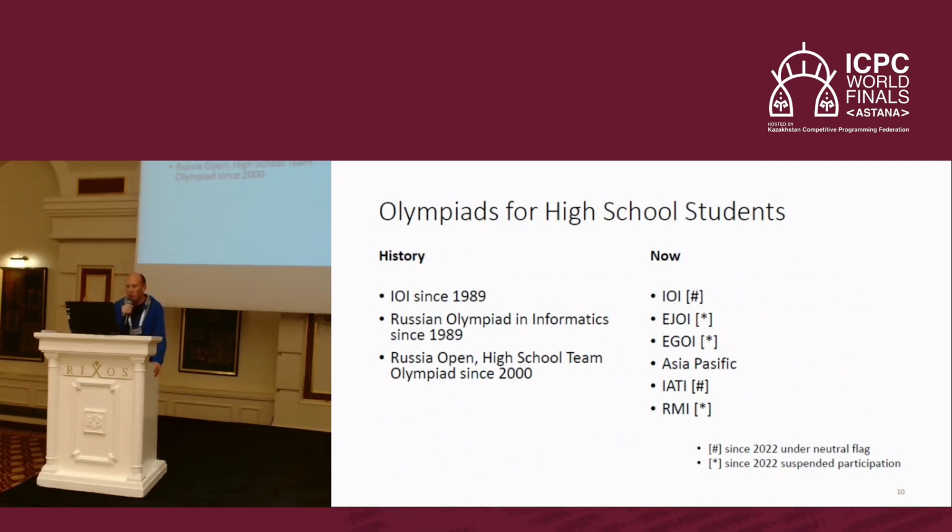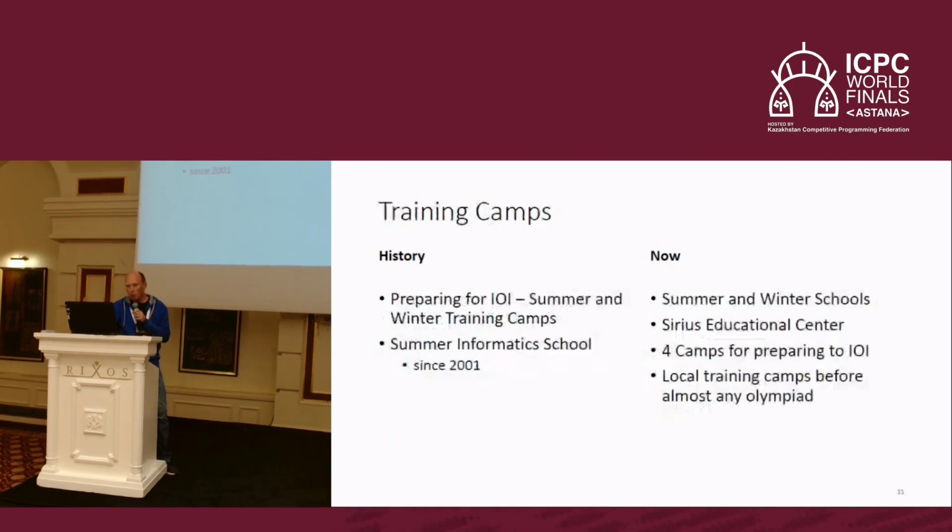That would be nice. Asia Pacific is a nice Olympiad which unites Asian and Pacific countries. And we also have European regional championships like the International Autumn Tournament in Informatics and Romanian Masters.